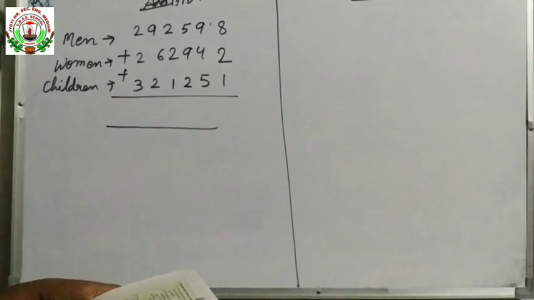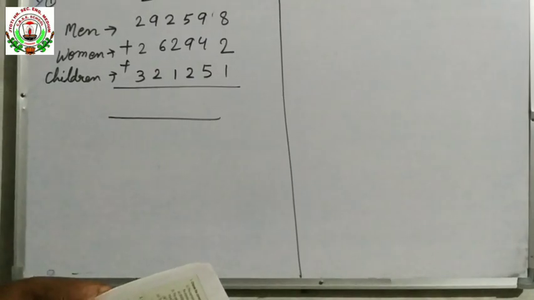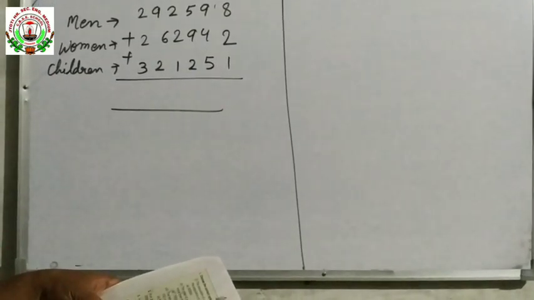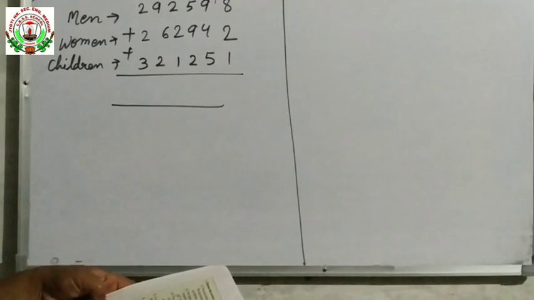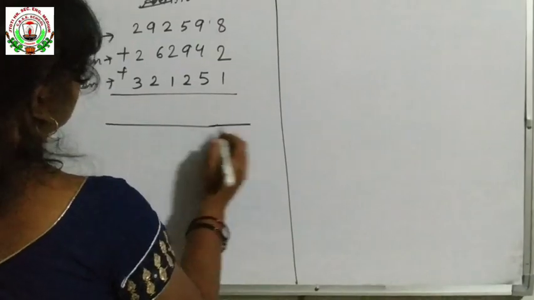There are 2,92,598 men, 2,62,942 women, and 3,21,251 children in a city. Find the population of the city. So the population of the city we have to find out.